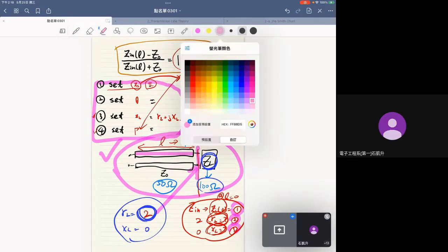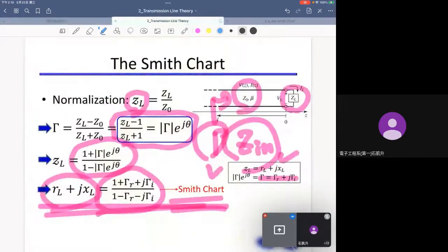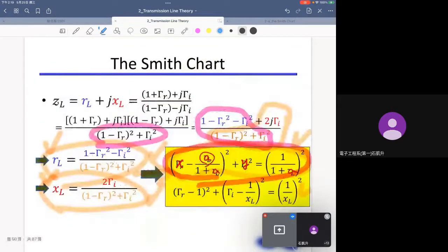This is what we learned last week, just the real circle. Let me remind you of some information about what we did last week, okay?